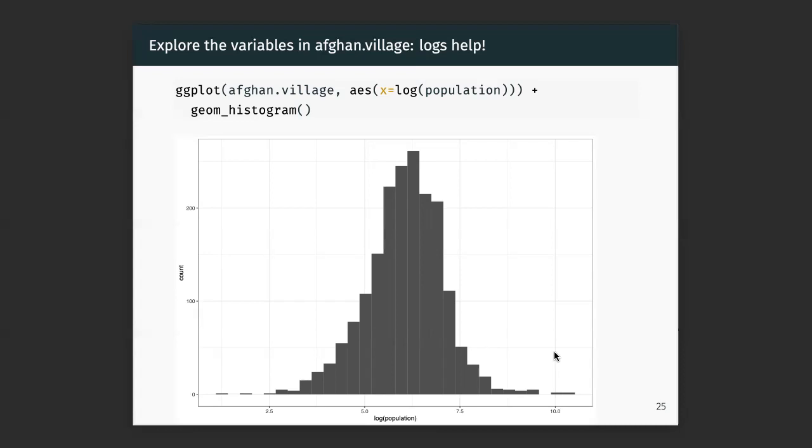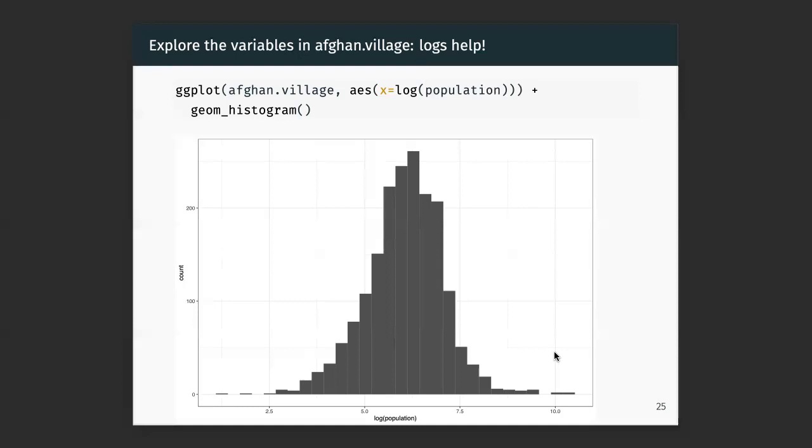Why we would want to do that is a topic for another day. When we get to regression, we'll see why this is desirable to do. But a lot of times we want variables that are approximately normal because we're going to make a lot of assumptions about how errors work. And the assumption we're typically going to make is that those errors are normal, right? In order for our math to work. So the log function will come in really handy later.